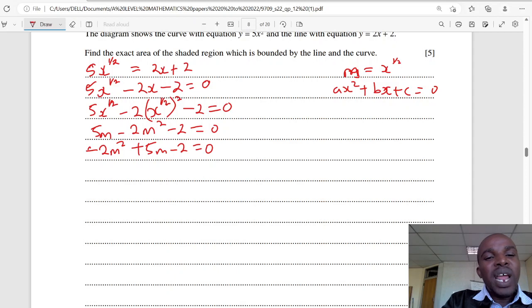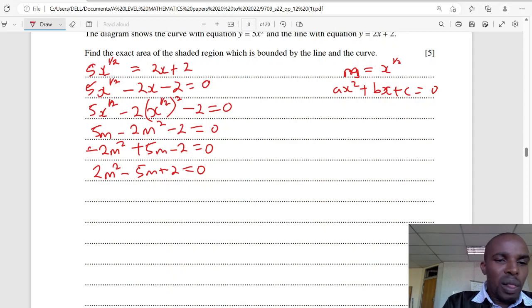So multiply everything by minus, so that we remove the minus sign on the one with the square. We get 2m squared minus 5m plus 2 is equal to 0. Then you can use the quadratic formula, or you can use factorization. Let me use the quadratic formula.